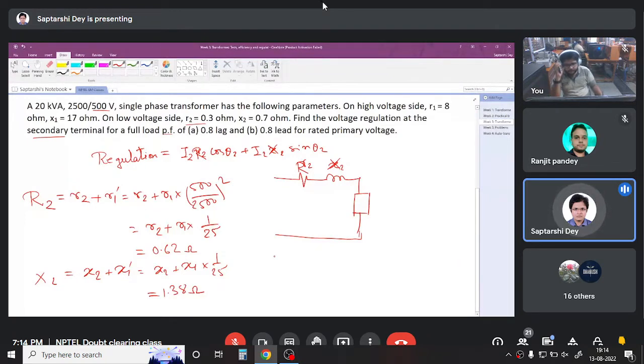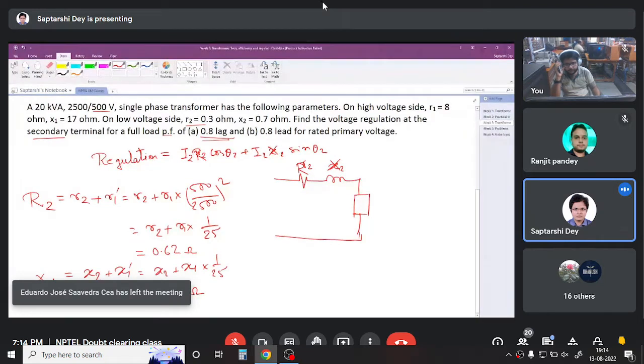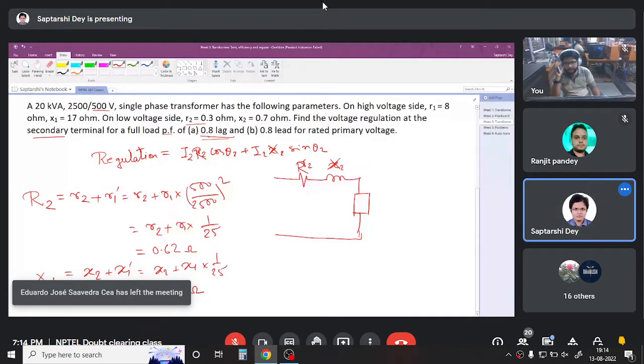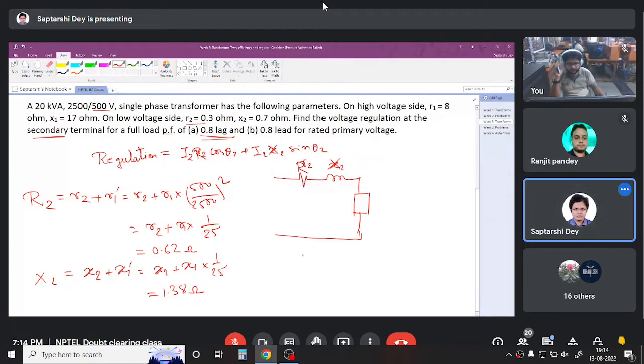Now the question is 0.8 lag. So we have to find out the magnitude of the secondary current. Can someone tell me what will be the magnitude of the secondary current?